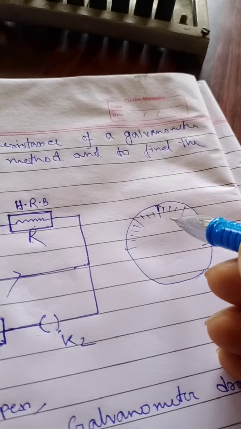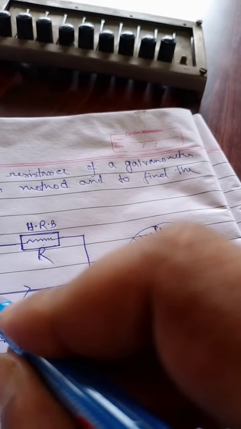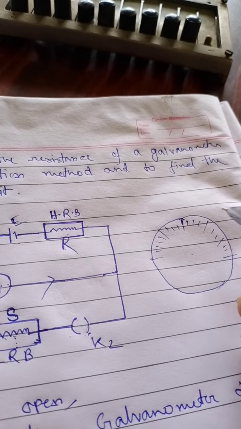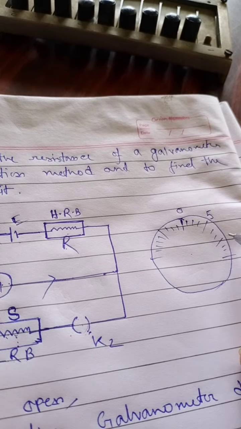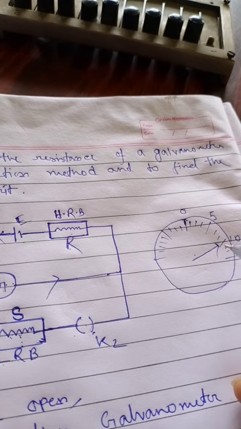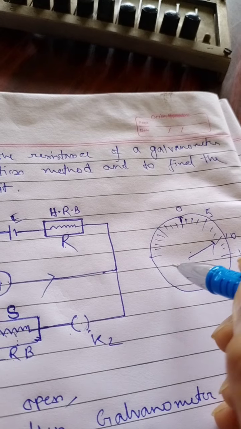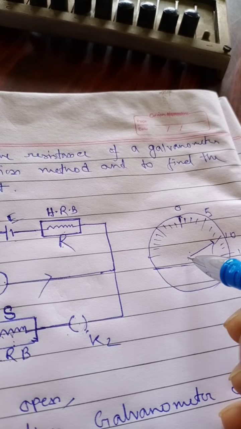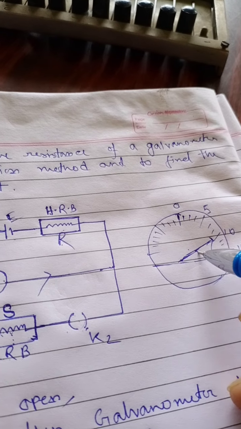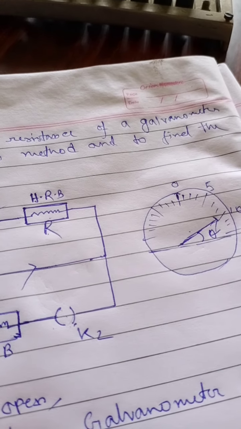So when the current passes through the galvanometer, suppose this is 0, then 5, then 10, this 15. Suppose the galvanometer deflects to 10. This angle is suppose theta.